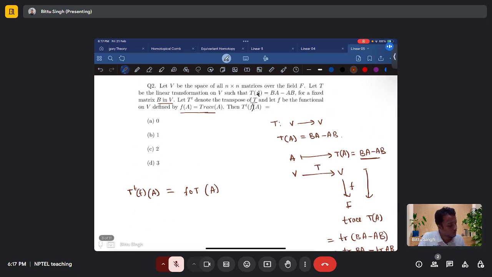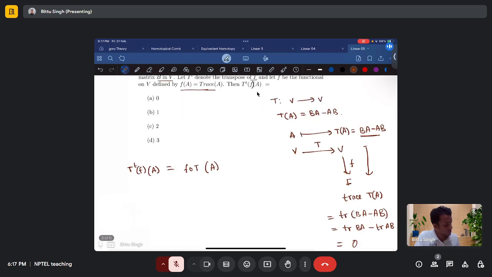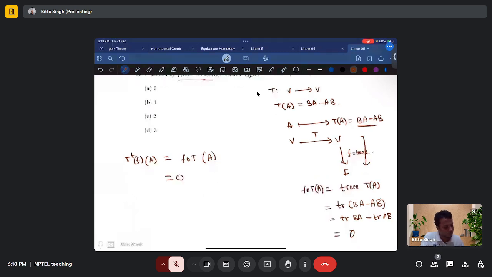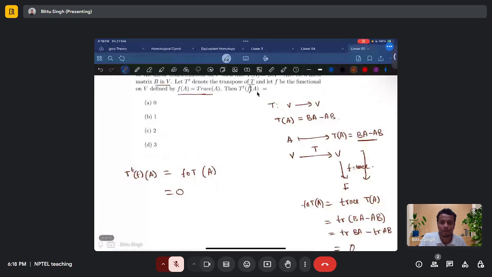Hence we get f compose T is 0. Hence the option will be A.